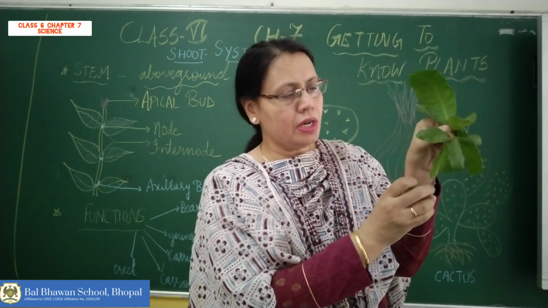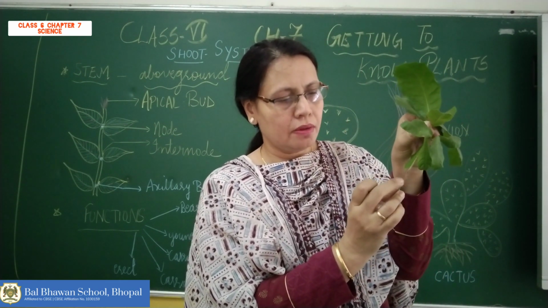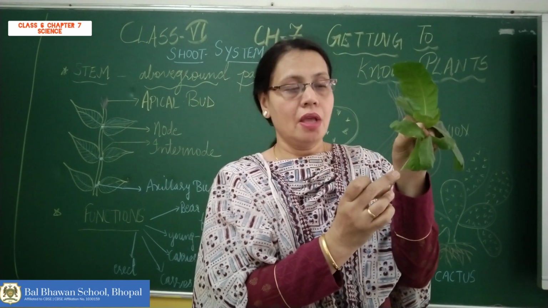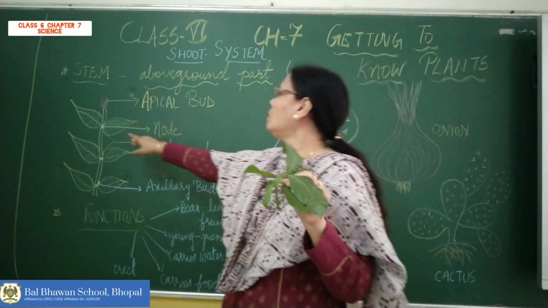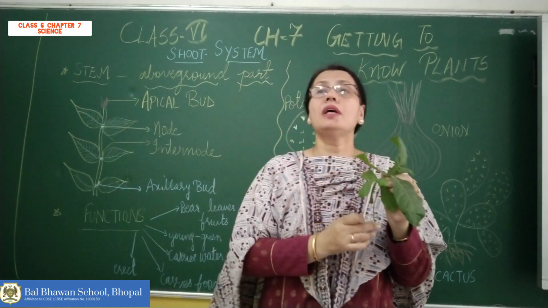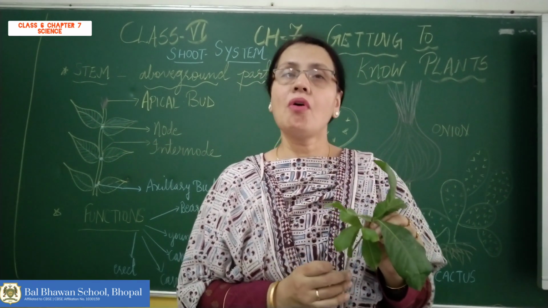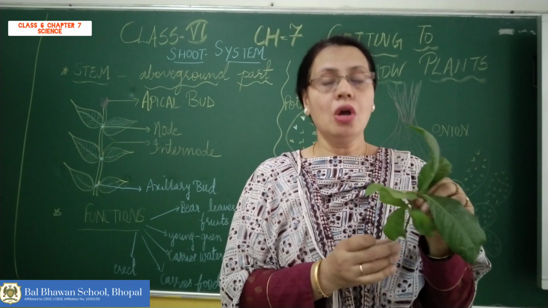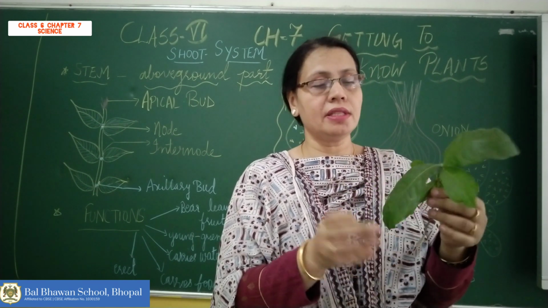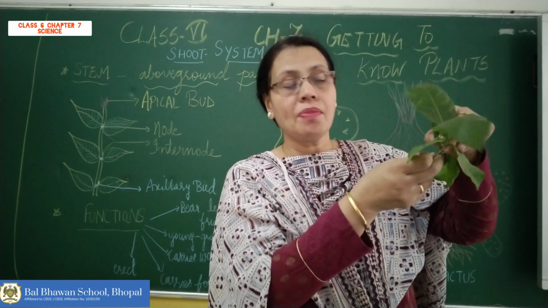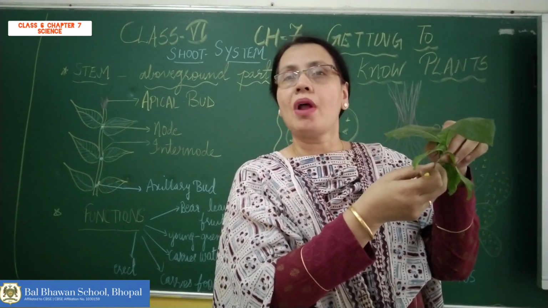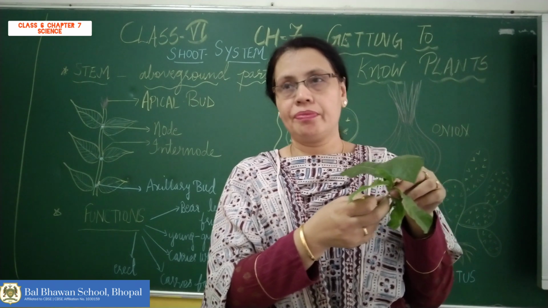Now look here, children, I have these rounded structures. These rounded structures on the stem are called nodes. These are the parts from which a new branch or a leaf arises. You can see that these are the nodes, and from these we have a new branch or a leaf arising.